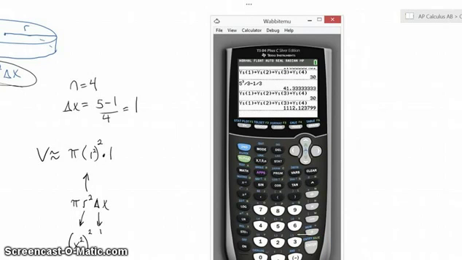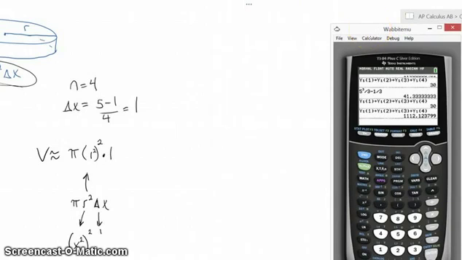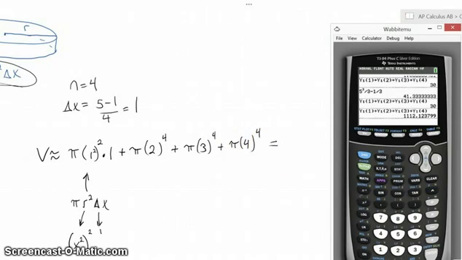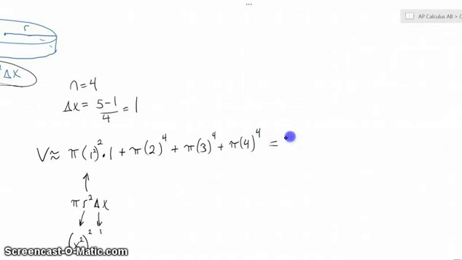So our volume, after we write all of this, pi 2 to the fourth plus pi 3 to the fourth plus pi 4 to the fourth, is equal to about 1,112. And that's a good estimate for the volume.